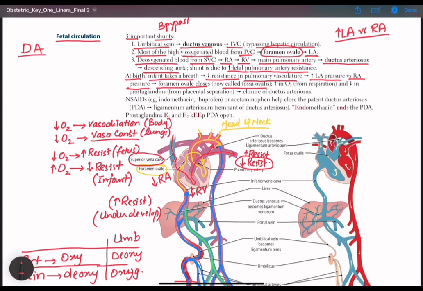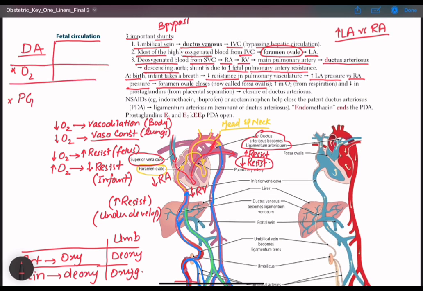Now we have another structure known as ductus arteriosus. Ductus arteriosus is a connection between pulmonic artery and aorta. Now opening or patency of ductus arteriosus depends on two things. One thing is oxygen and other thing is prostaglandins.